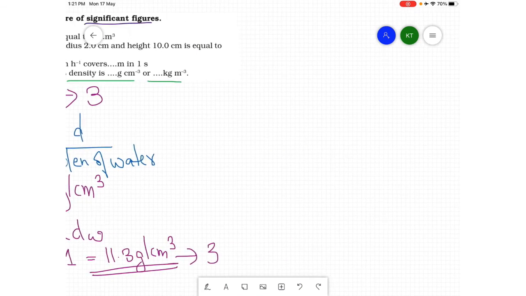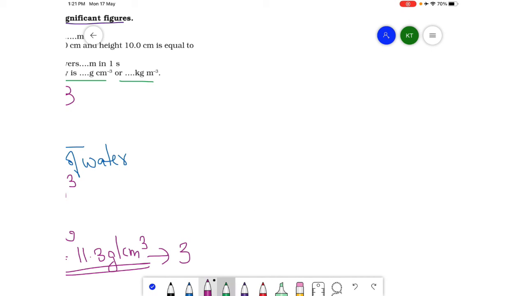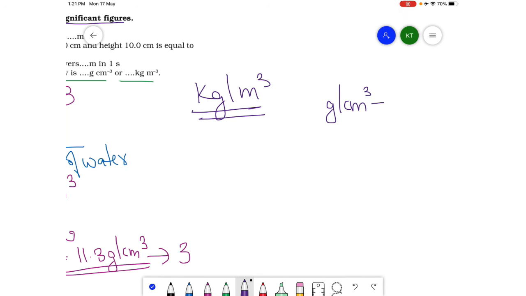Now, in terms of kilogram per meter cube, right? How to solve this part? So we know in gram per centimeter cube, the density of water is 1. What about in terms of kilogram per meter cube?